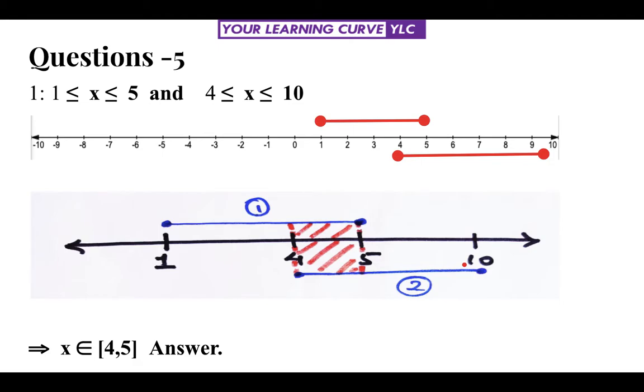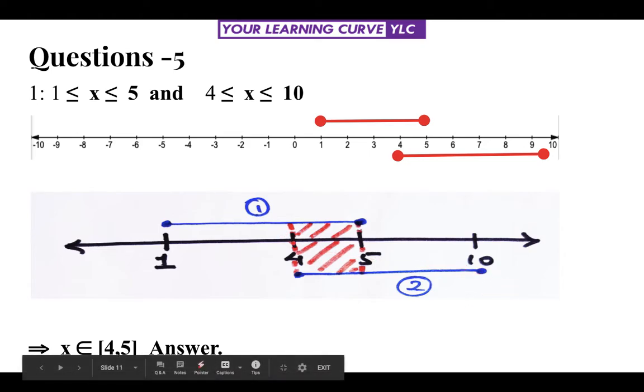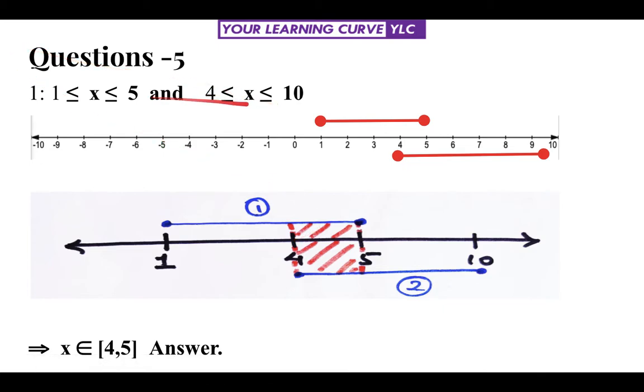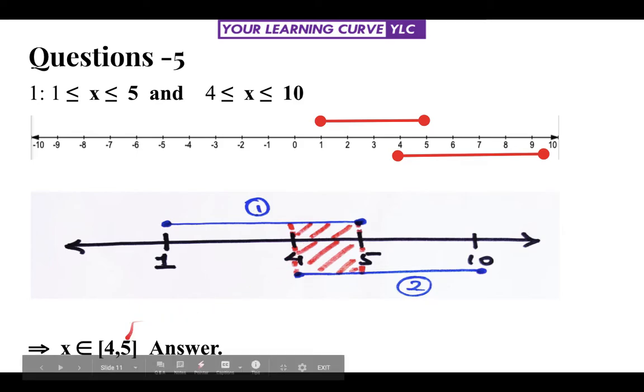To write down the answer, you first write down the interval 4 to 5. x belongs to the interval 4 to 5 to satisfy both the inequalities simultaneously. Now we see whether endpoint 4 is to be included or not. 4 satisfies the first inequality, and it is also a part of the second inequality.